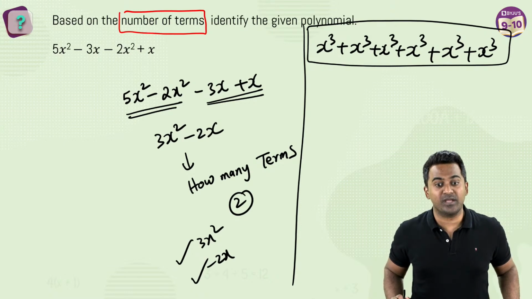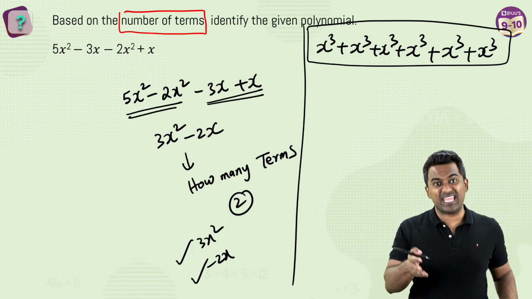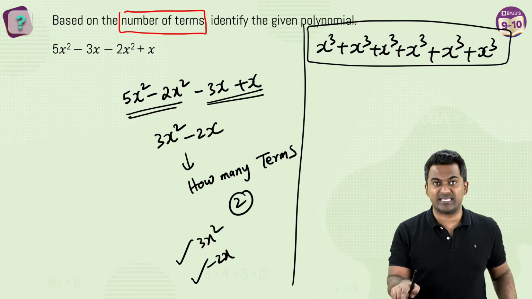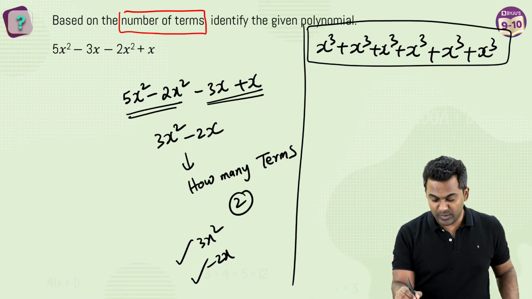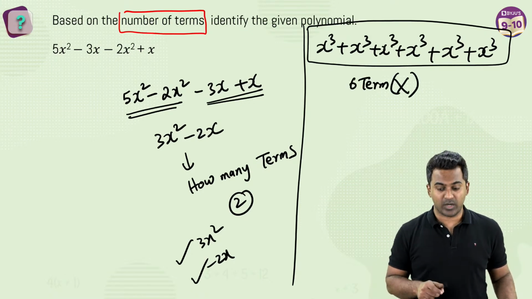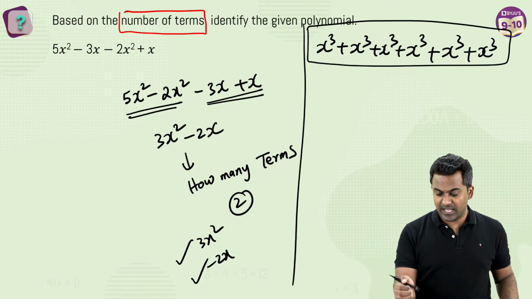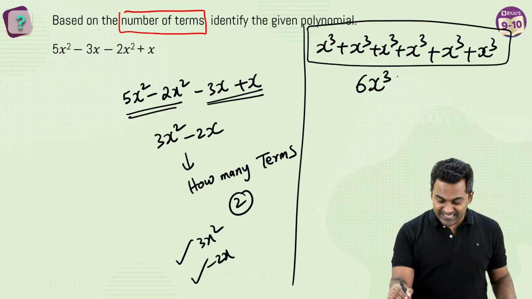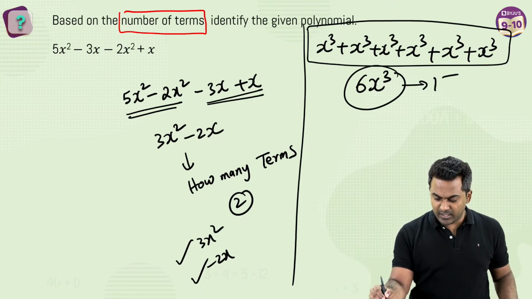Yes, it is a monomial because I can keep writing. You will not say that this has 1, 2, 3, 4, 5, 6. You cannot say this has 6 terms. When you say there are 6 terms here, you are wrong. Okay? Because I can simplify this. I can write it like 6x cube. Right? And this is the reason why there is only 1 term here.